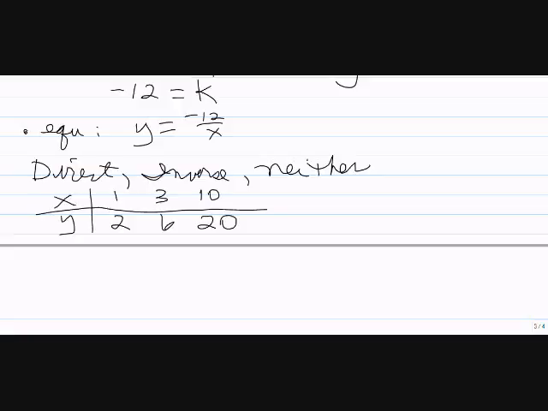So if I use the point 1, 2, and find my k, so y equals k times x, which is 1. So in this case, k is 2.